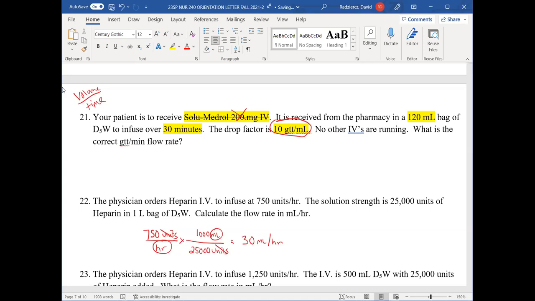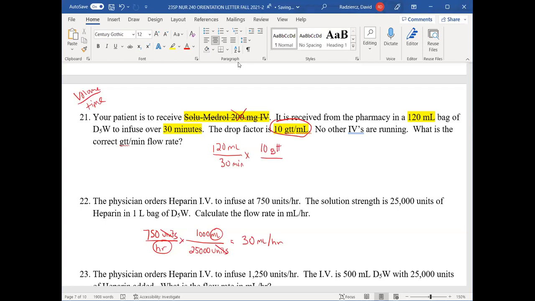Go ahead. My question is, if it's giving it in 30 minutes, do I have to convert it to hours and then minutes? Does that make sense? Correct. In fact, don't do that, because it's a waste of time. Your time is already in minutes. I apologize for saying all that extra stuff.